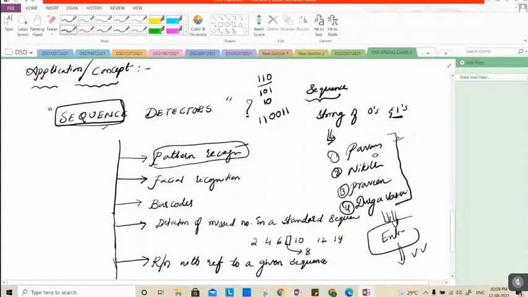This may be done with the help of image processing. Pavan's image, Nikita's image, Praveen's image, Durga Vasu's image: if the 4 images come in sequence, then it gets activated. So pattern recognition, image recognition, facial recognition is the same thing. Pattern recognition and codes.